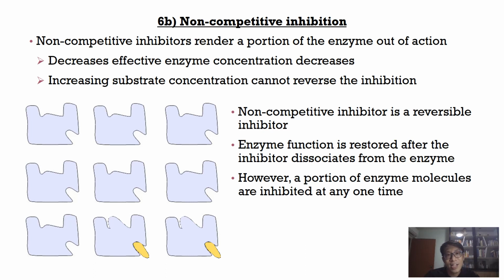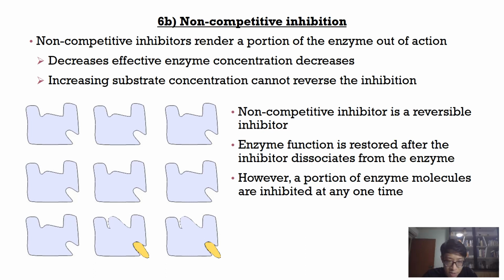Because the enzyme concentration effectively is lowered, increasing the substrate concentration would not be able to reverse this inhibition. There are basically fewer functional enzymes. And because there's no competition between the inhibitor and the substrate by binding to the same place, unlike the competitive inhibitor, having more substrate cannot outcompete the inhibitor.